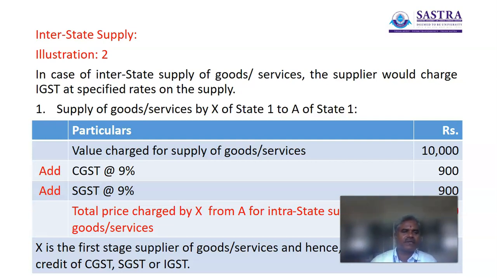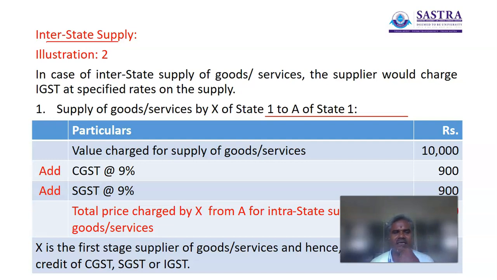Okay. You see, supply of goods or services by X of state 1 to A of state 1. You have to read the sentence carefully. But what heading did we put here? Interstate supply.